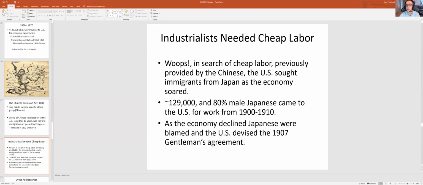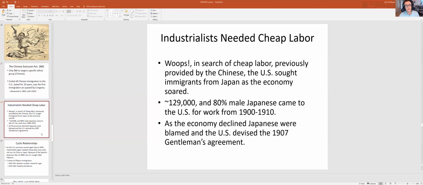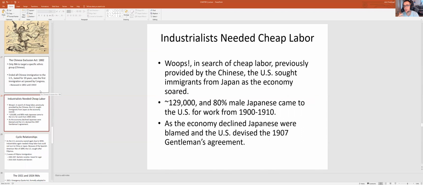So this next slide is talking about how, during the 1860s and the 70s, when the Transcontinental Railroad was being built, most of the railroad workers were Chinese, along with about 20% Irish. So the Irish and the Chinese constituted mostly the Transcontinental Railroad labor force.